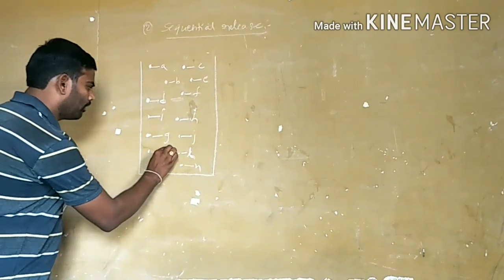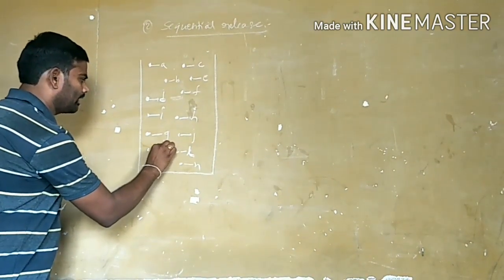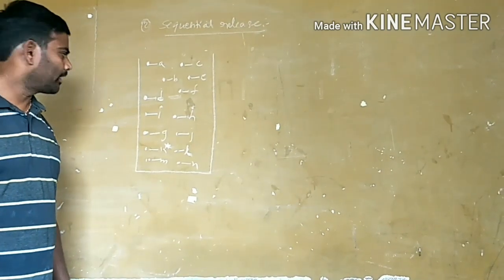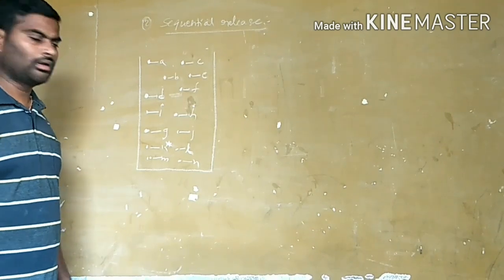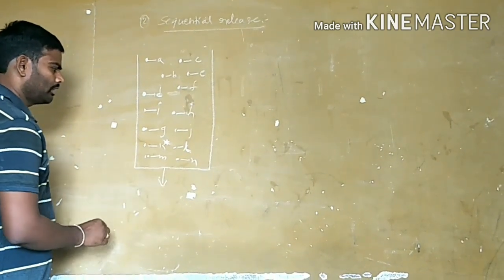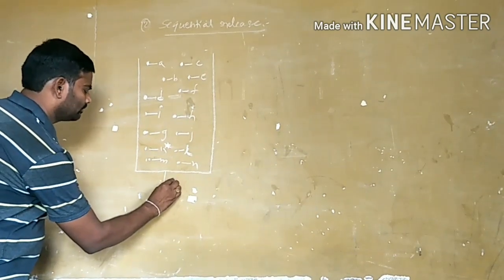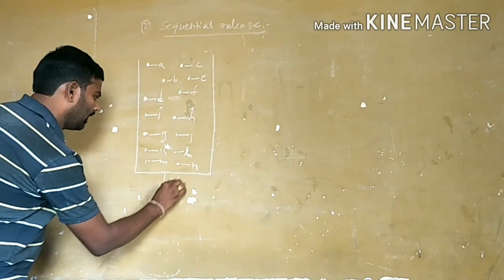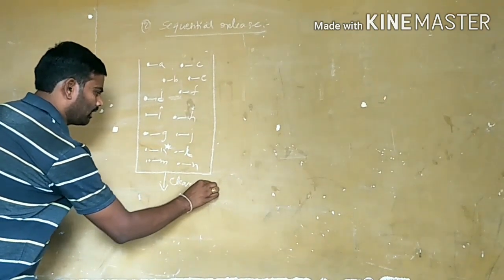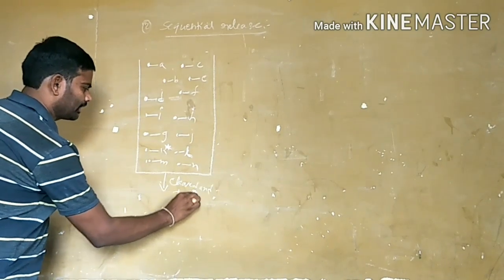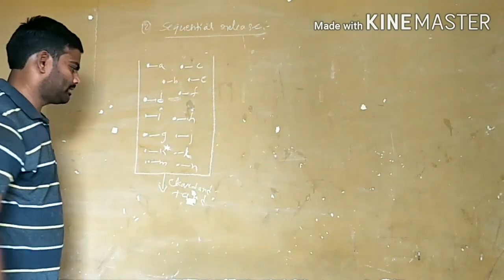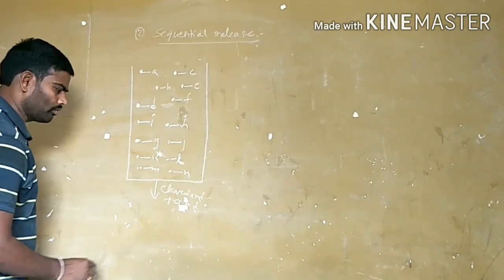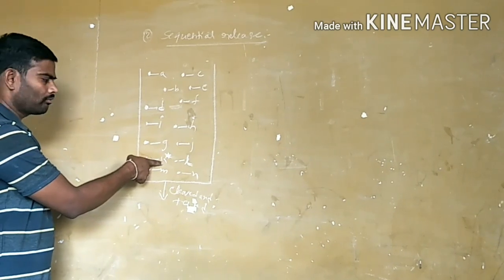Here, for example, consider K is the active compound, and this active compound is separated from the mixture by the sequential release method. First, compounds are cleaved from the beads and tested for the activity. It's showing biological activity because of the presence of one active compound.